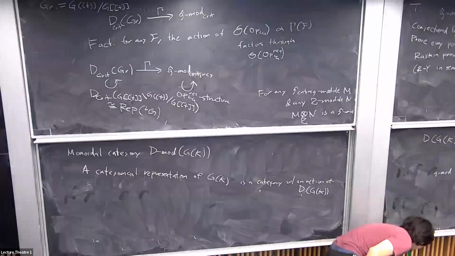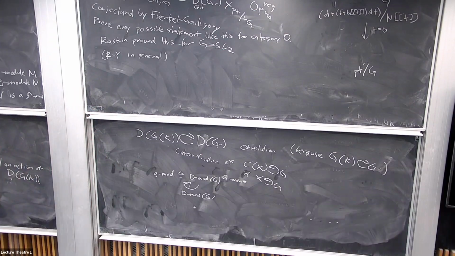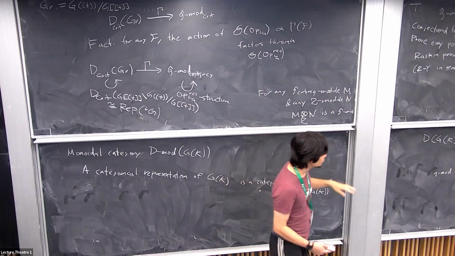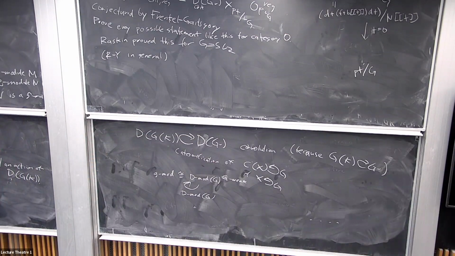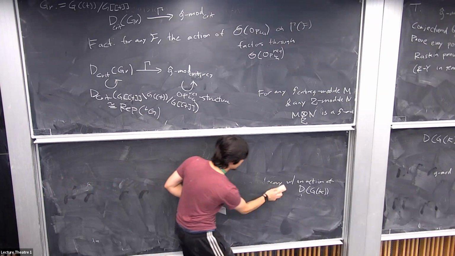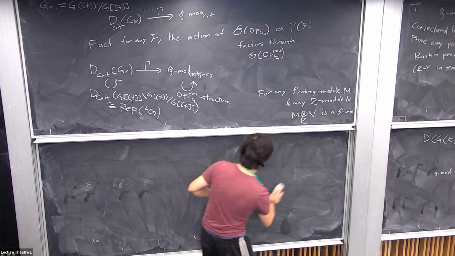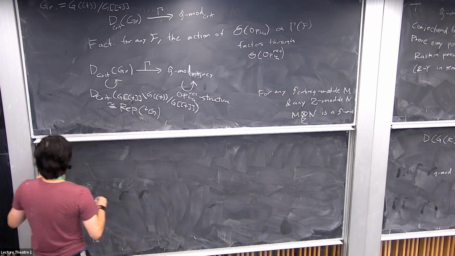So let me outline now Sam's proof of this for G equals SL2. Sam's proof really makes a lot of use of this G(K) action.